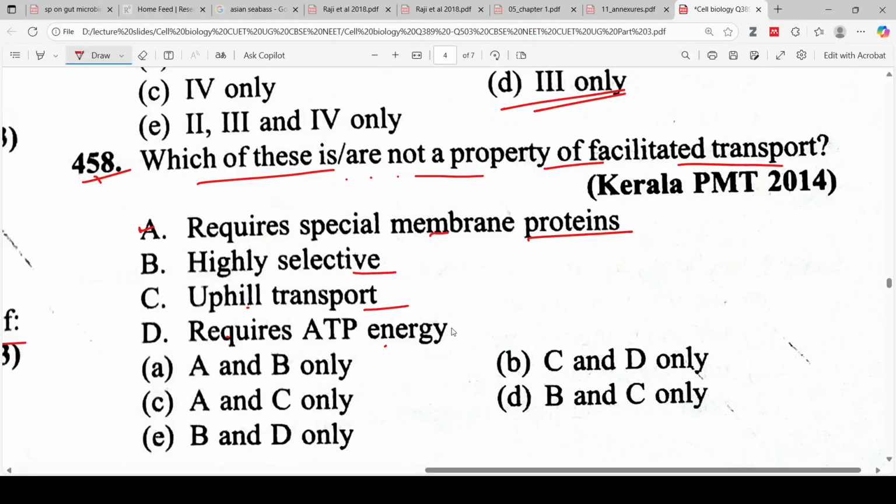So this is not correct. Option D, B, option E already discarded. Highly selective, this also discarded. So the correct answer is option C.